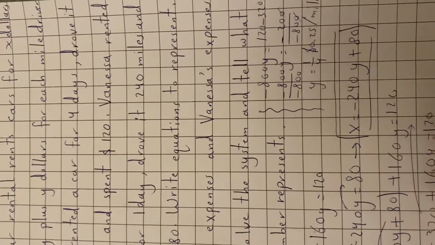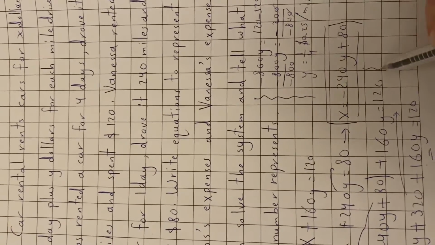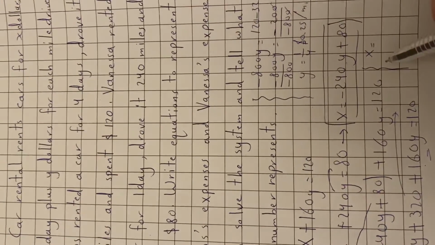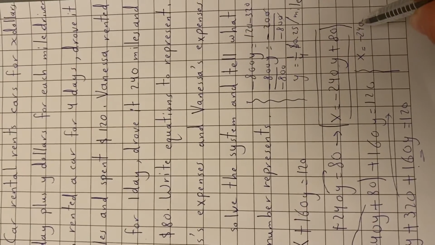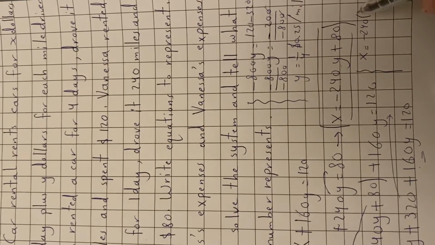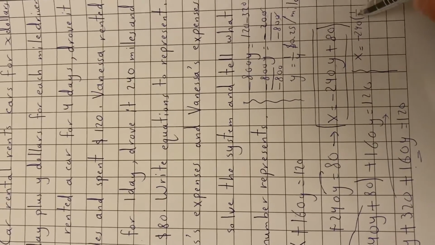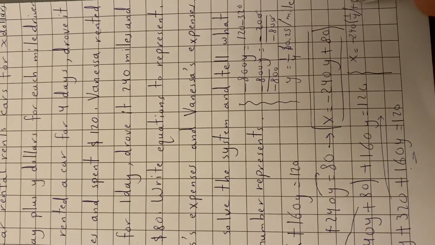Then I have to find the x. To find the x, I have to replace it in this equation. So I will say x equal, I will replace negative 240 times the y, which is 1 over 4, plus 80.